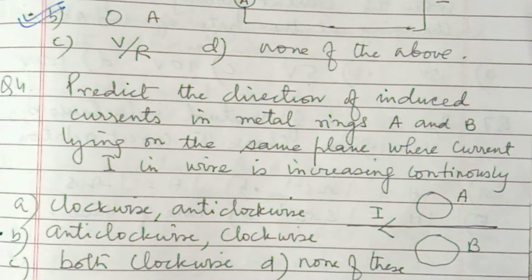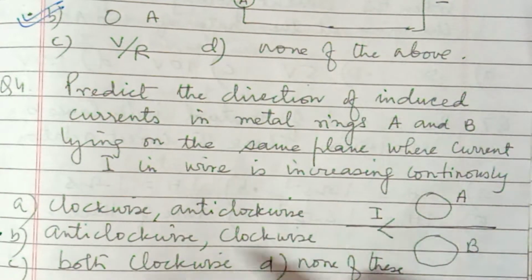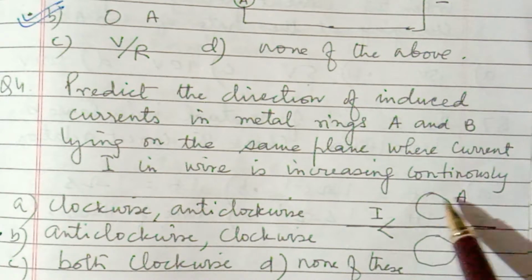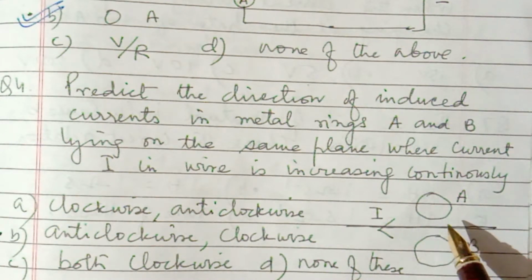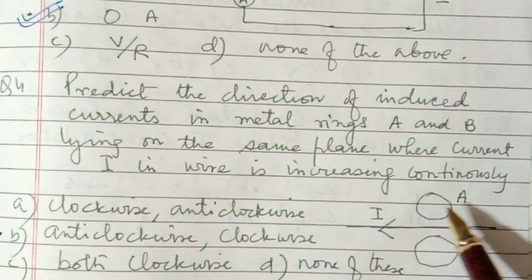The current is increasing this side. So will there be an induced EMF in A and B? The answer is yes, because the current is increasing, so the magnetic field is increasing, which means there is a change in flux; the area is the same.